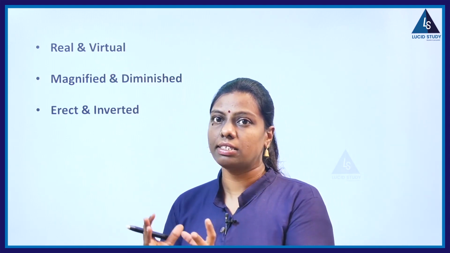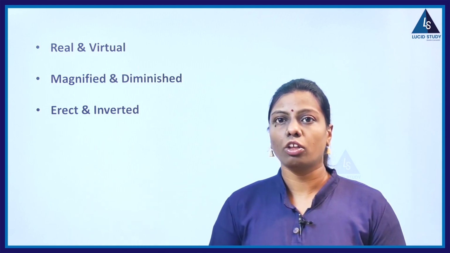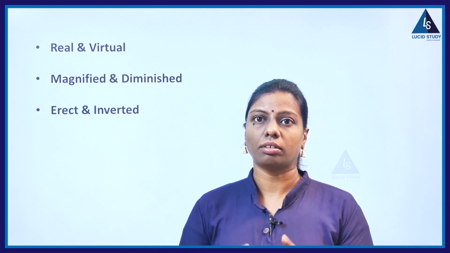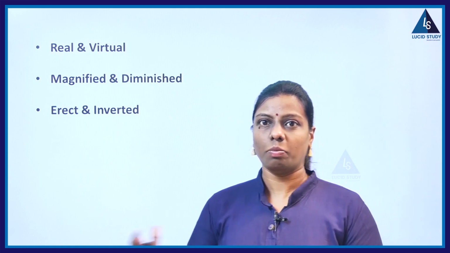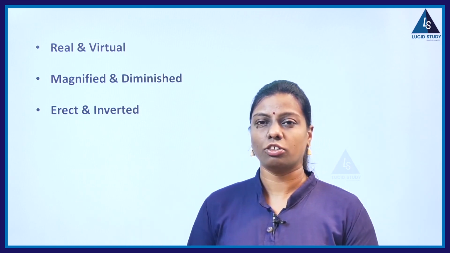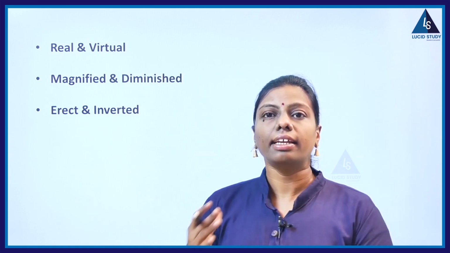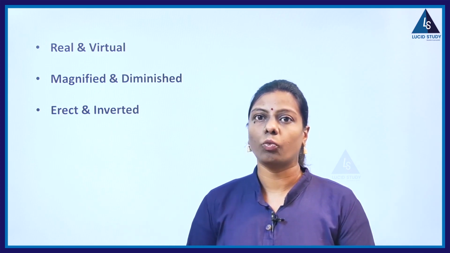Before going to that, let us see some terms which are used in forming images. We say that an image is real, virtual, erect or inverted. What are all these? Let us see what is meant by real and virtual.